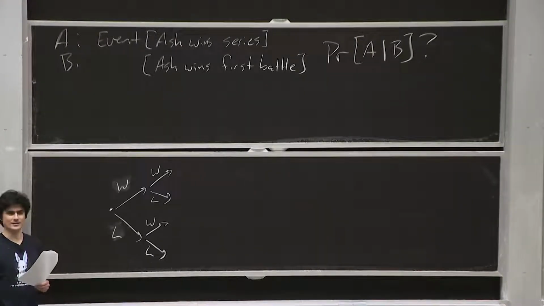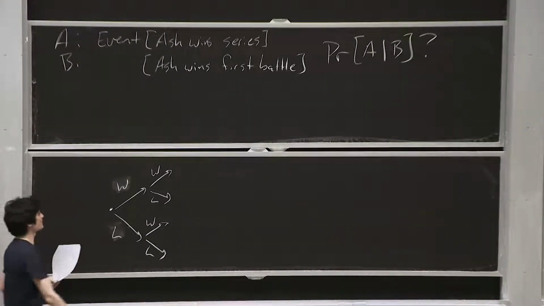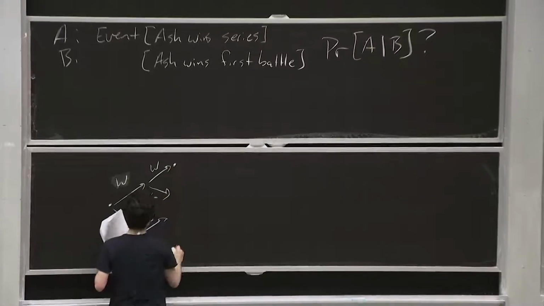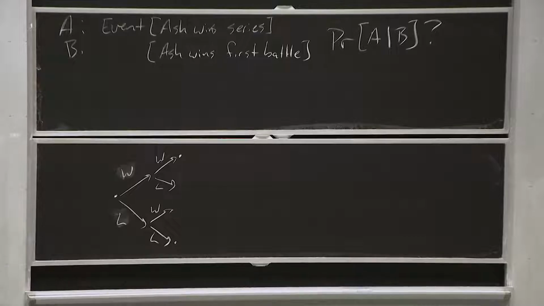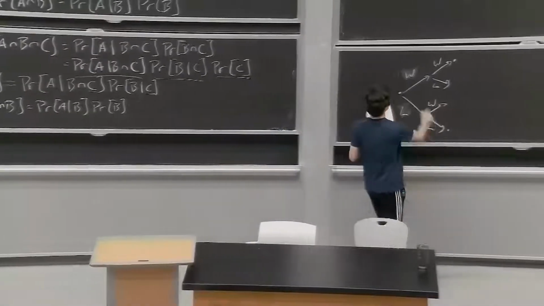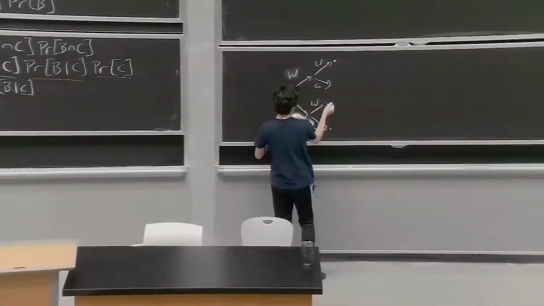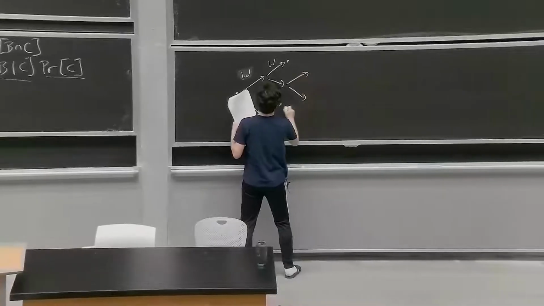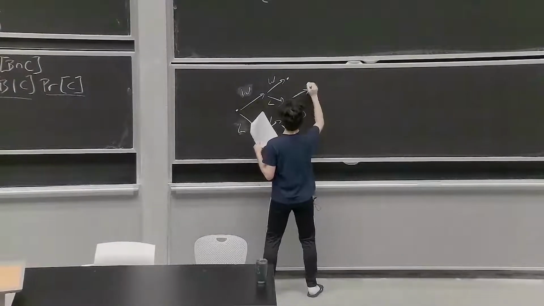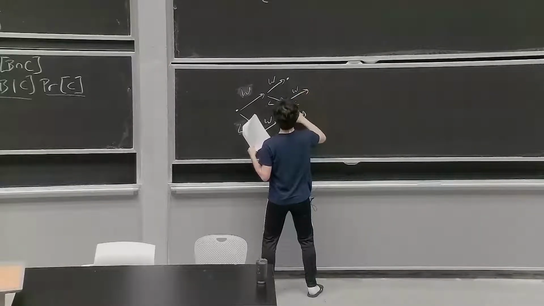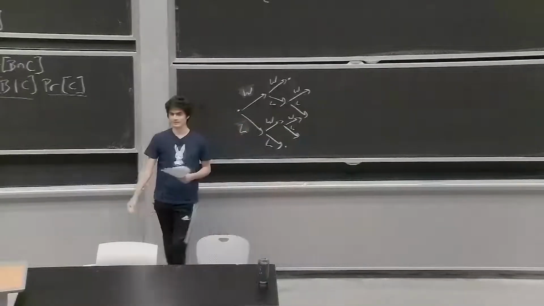Exactly. If he's lost 2, he's lost the series. So if he's won 2 or lost 2, those are just leaves now. We don't do anything more, the series is over. But if he's won 1 and lost 1 in either order, we can now split again. Oops, that's a little bit long, but oh well. WL, WL. Okay.